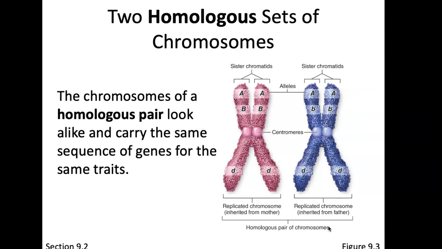A reminder of what homologous chromosomes look like. So this is one chromosome from mom, we'll make it pink, and this is from dad, and we'll make it blue. And these are the sister chromatids, so it's a duplicated chromosome.